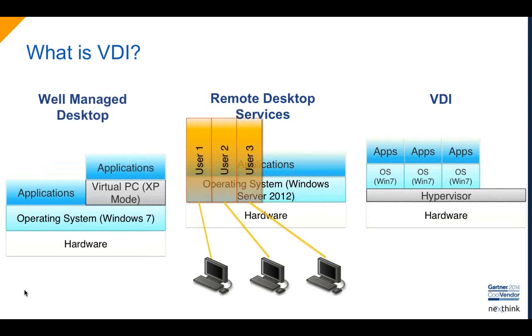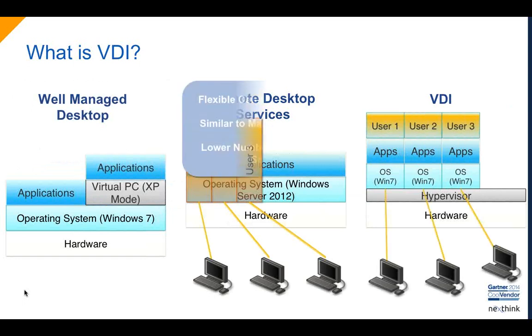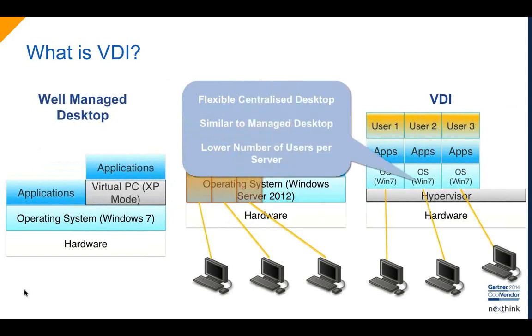And each one of them is a dedicated machine for certain users. So we have the users accessing their dedicated machines and working on them. So we have a flexible centralized desktop in this environment. Everything is inside our data center, it is centralized, easy to manage there. Similar to a managed desktop, each user has his own dedicated operating system and he can work on it, and this machine is dedicated for him with its resources.